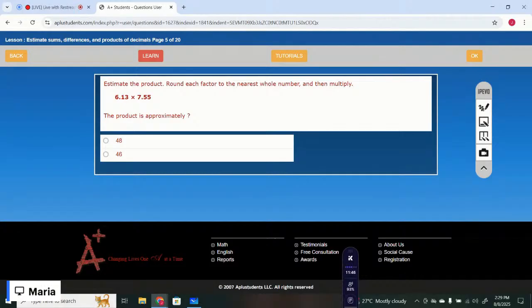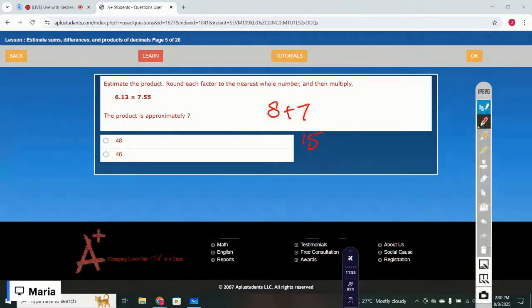6.13 times 7.55. 6.13 is rounded to 6 and 7.55 is rounded to 8.